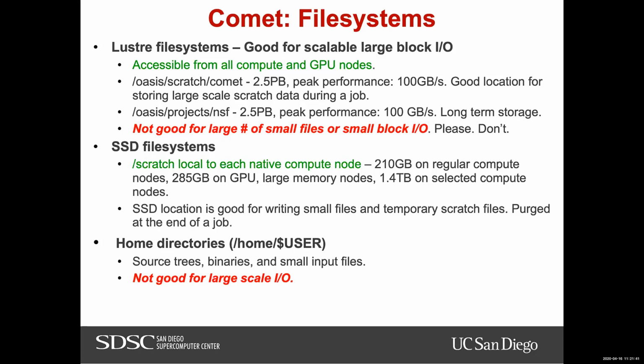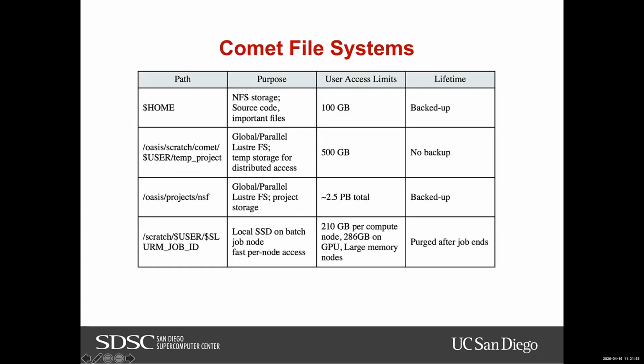ownership of that node. And then you have your home directory, which is small and limited, and you can always find it by this $USER variable. It's part of your environment variable. And again, it's not good at all for large scale I/O, and they really don't want you running your code from there. So this is a table version of the file systems.